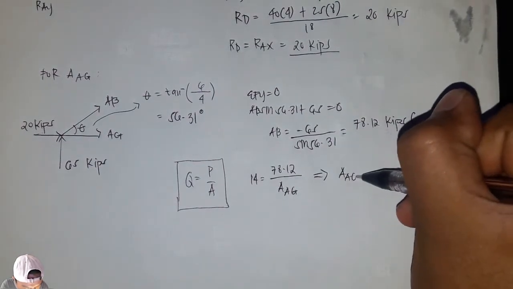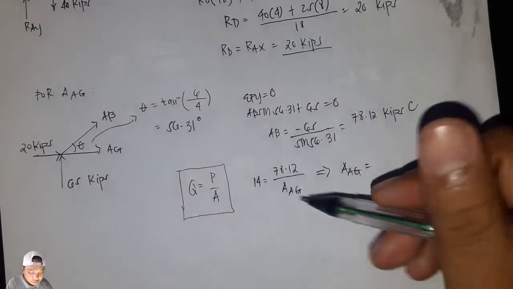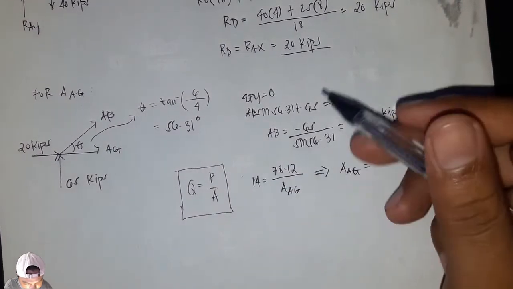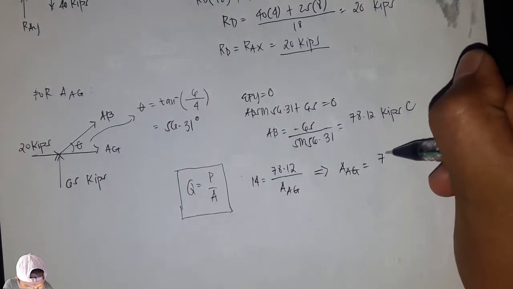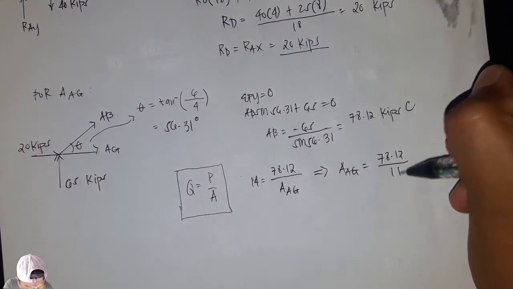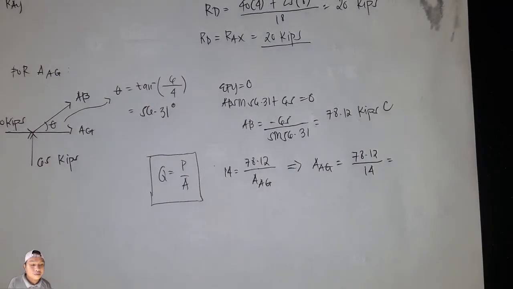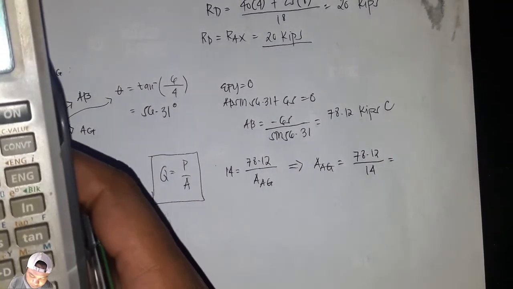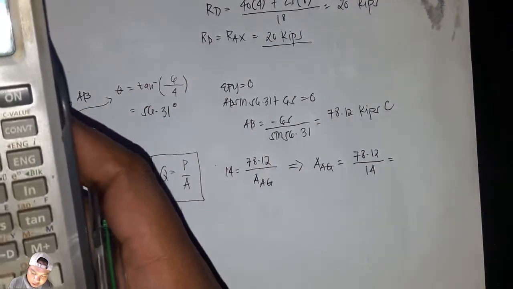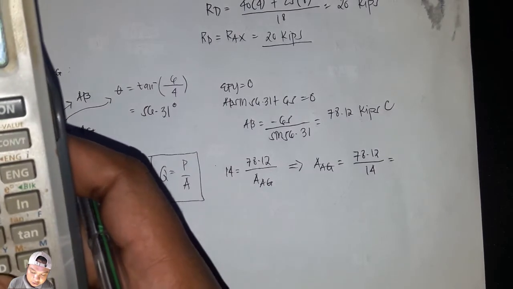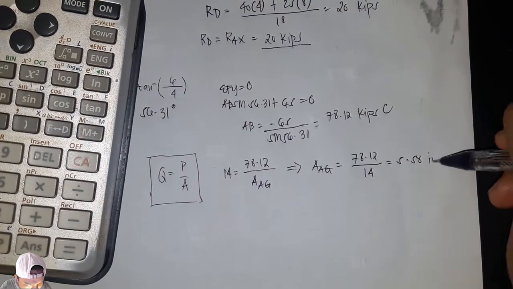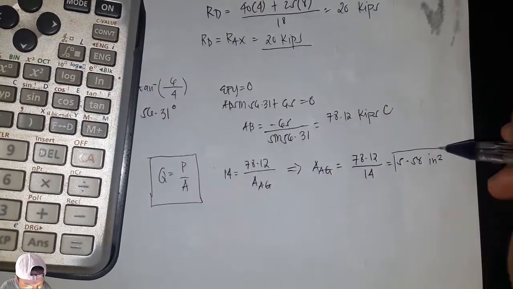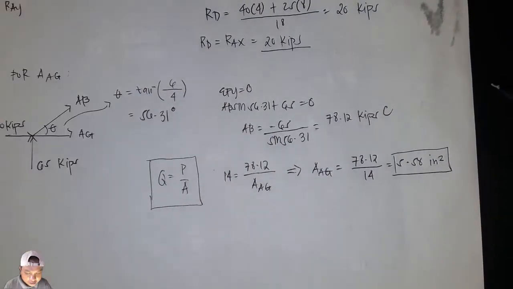So area AG is just equal to 78.12 over 14. So meron tayong 5.58 inch squared na area AG. Yun, check natin kung tama ba.